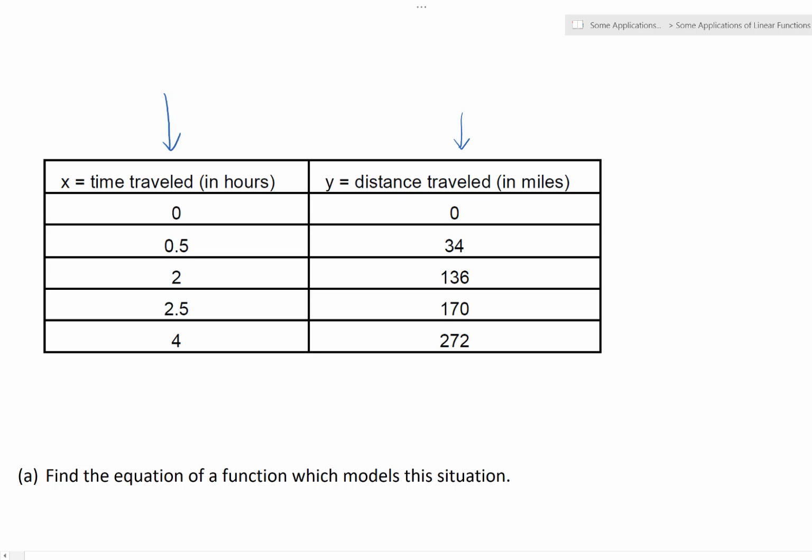And well, no one told us whether or not we should be looking for a linear function. And of course, there's lots of different functions out there. So is it really linear? Well, let's check. In order for a function to be linear, remember, call it y is mx plus b.